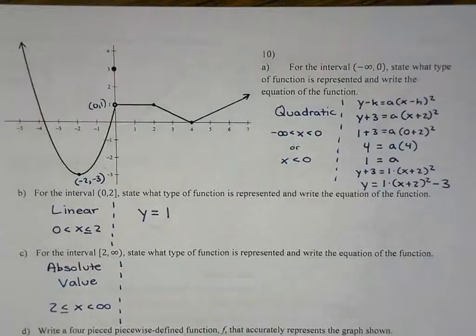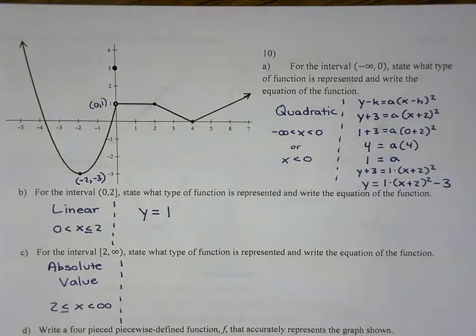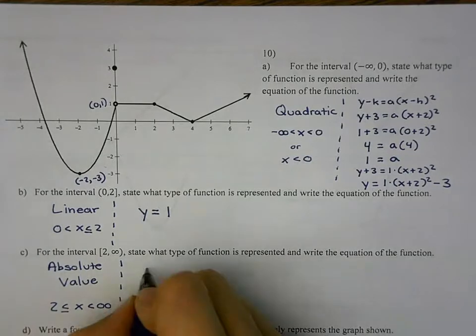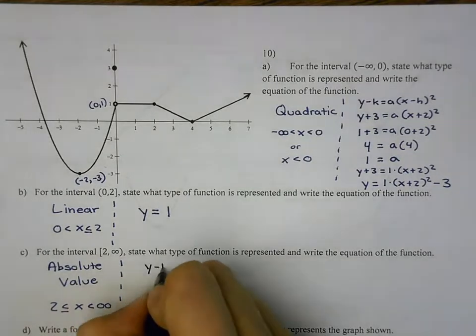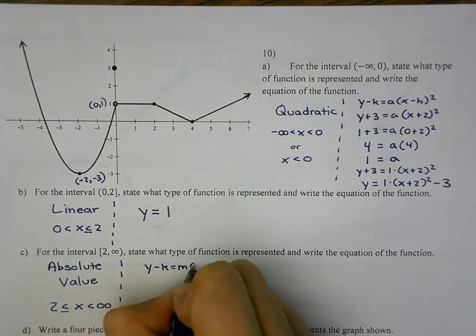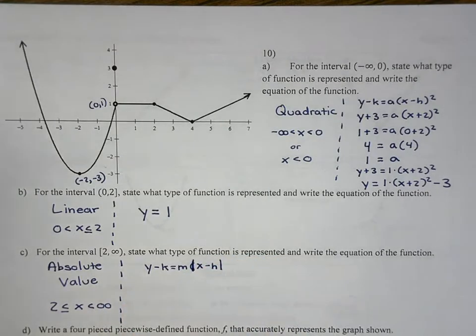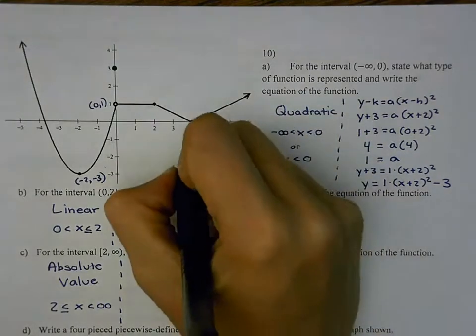Absolute value's up next. What's the descriptive form for the absolute value? We have y minus k equals m times the absolute value of x minus h. What's my hk for this absolute value? The hk is 4, 0.